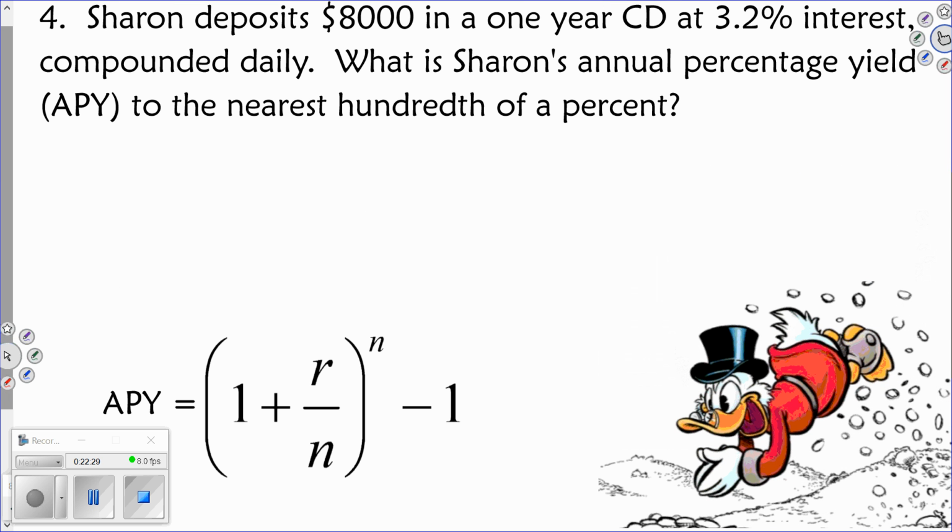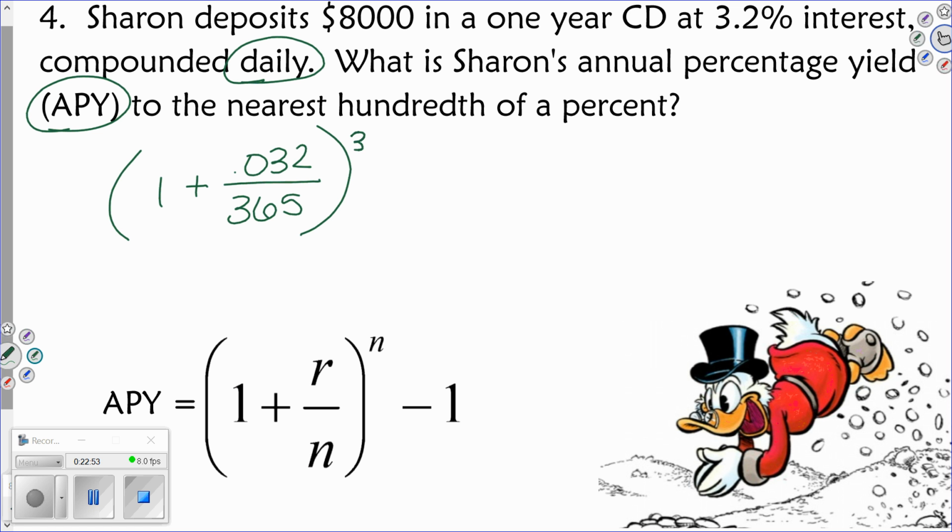So as I'm plugging stuff in, just fill in your formula because it says what is the APY, so I know I use the APY formula. 1 plus the rate is 3.2%, so 0.032 over N. How many times is it compounded? Daily, which is 365.